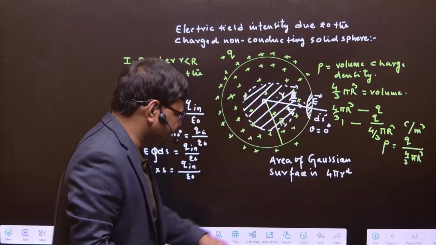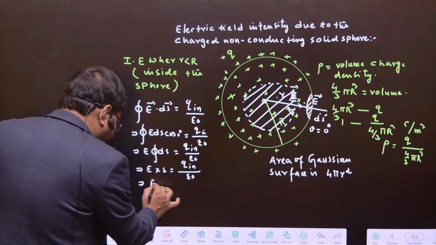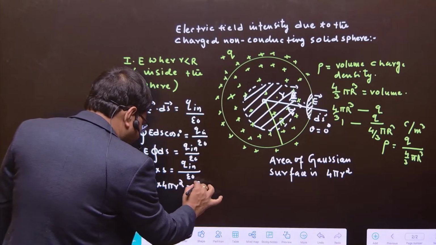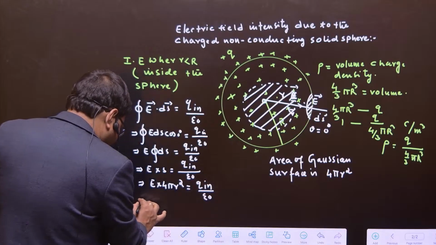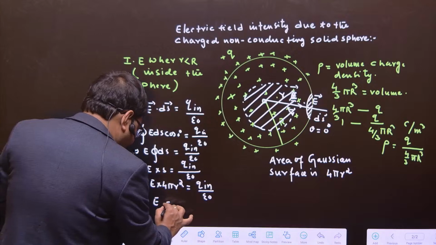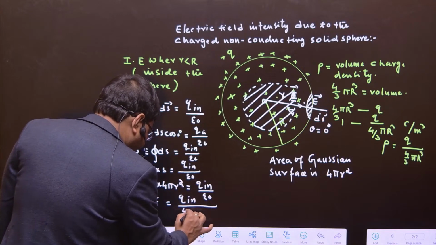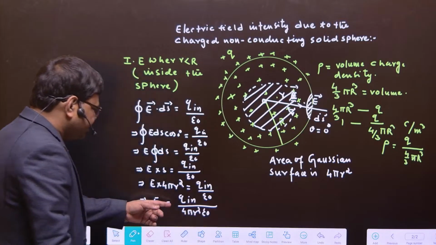Why? Because now the radius is r. Instead of S, we can write E into 4 pi r square is equal to q in divided by epsilon naught. Then we can write E is equal to q in divided by 4 pi r square into epsilon naught. This is the electric field.